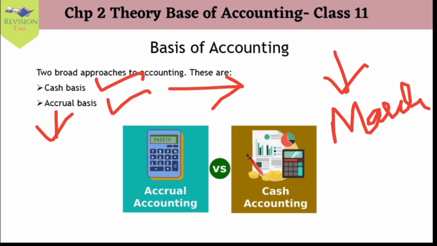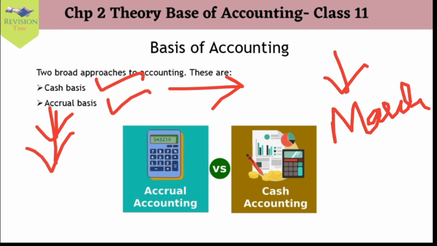But under accrual basis, we will record it when it actually occurred. That is, it had occurred in the month of January and it is recognized and recorded in the month of January itself. Irrespective of whether cash is received or not, the transaction has been recorded and reported. That is known as accrual basis of accounting.